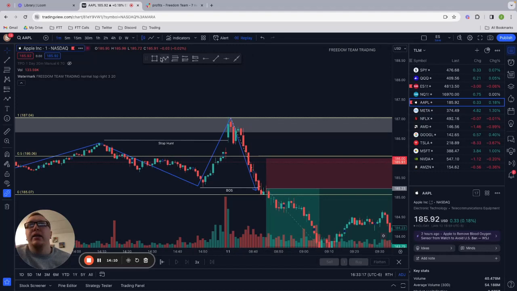This tiny, minute little pullback gave me just enough of a reasonable spot to put my stop.